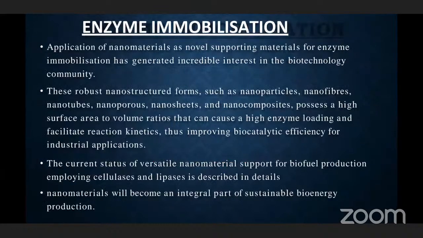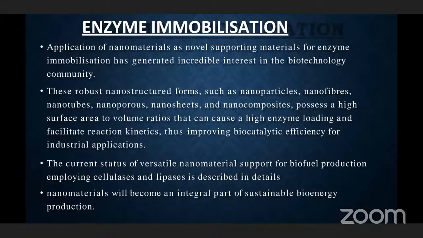This can be used in enzyme biotechnology. The application of nanomaterials as novel supporting material for enzyme immobilization has generated incredible interest in biotechnology. We can make small meshes, pores, or nanofibers so that we can place the enzymes in one place. That is enzyme immobilization, trapping the enzyme.